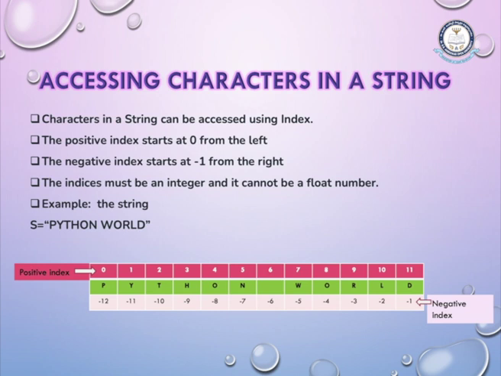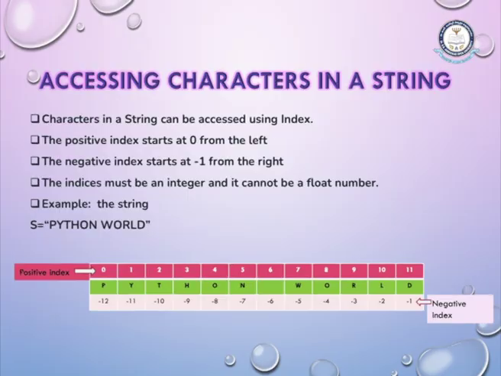This index starts from 0, that is a positive index. The positive index always starts from 0, starts at the left side and runs towards the right side. You can also use the negative index.